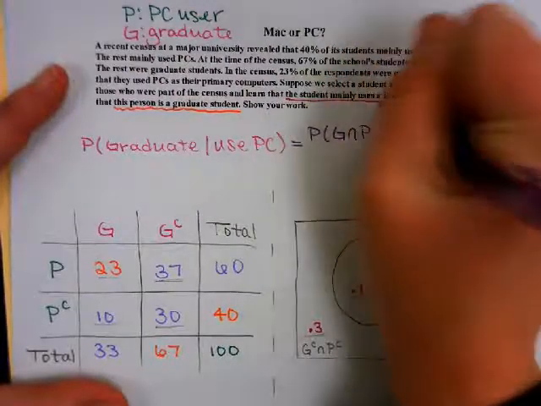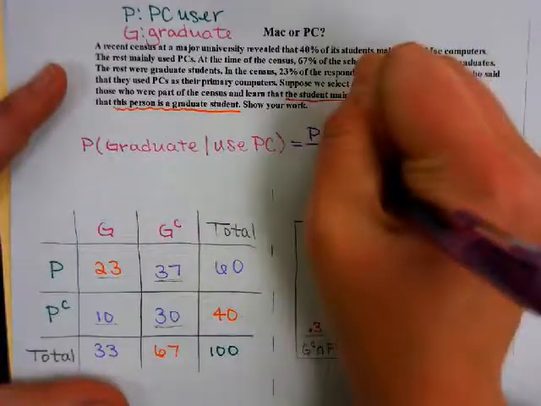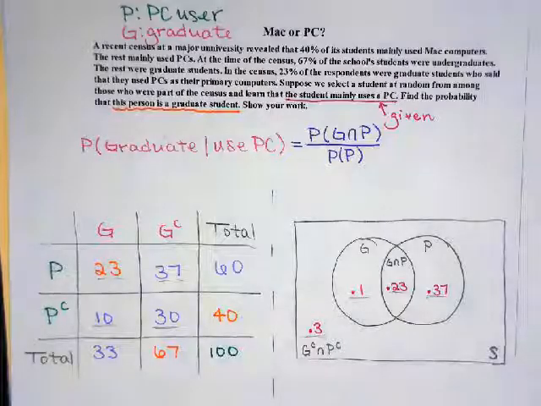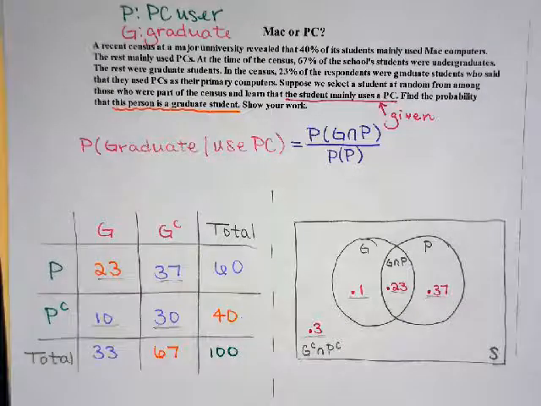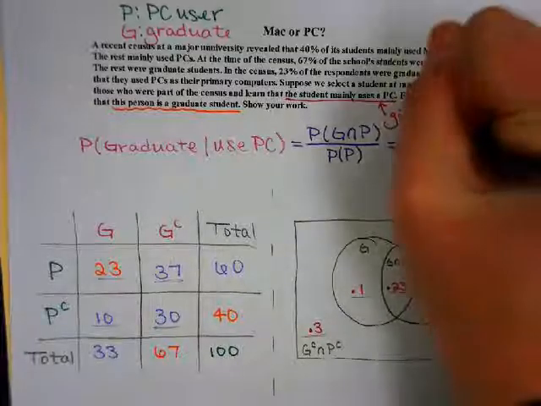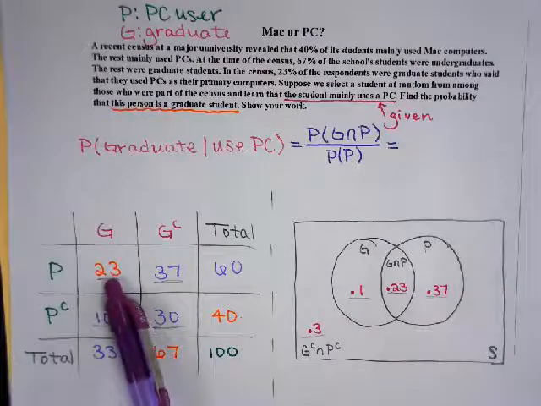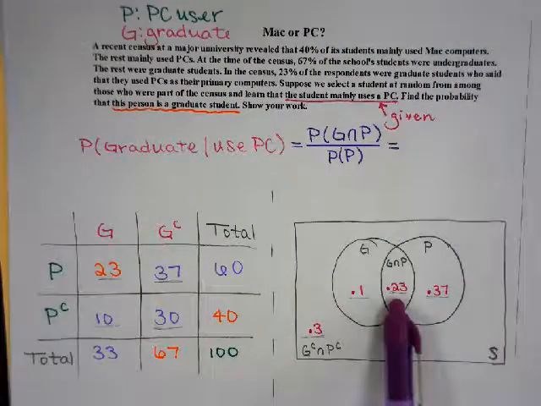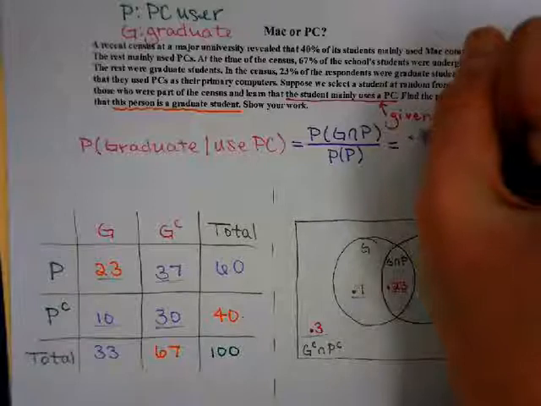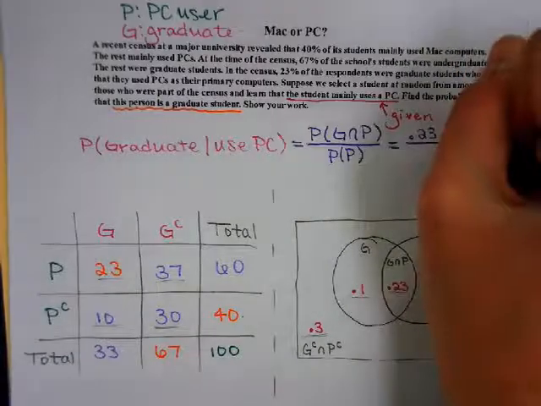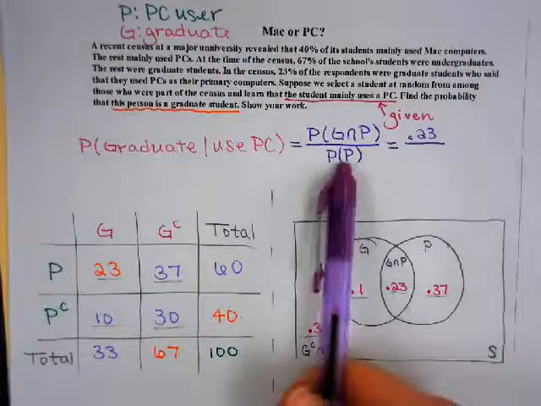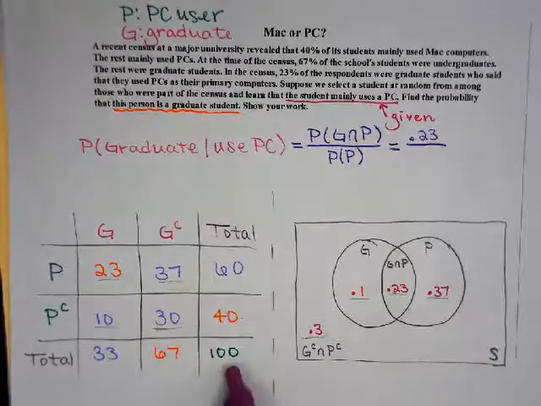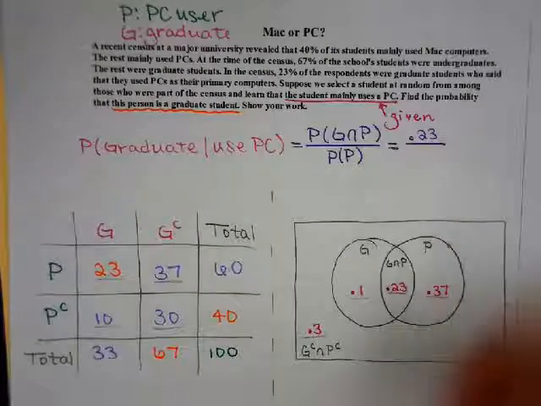So, graduate and PC here is 23 out of 100, or in our Venn diagram, 0.23. Probability they're a PC user, if we look at the two-way table, that would be 60 out of 100. In our Venn diagram, that would be the overlap and the stuff just in the P. 0.23 plus 0.37 is 0.6.